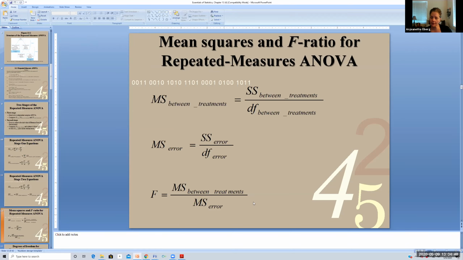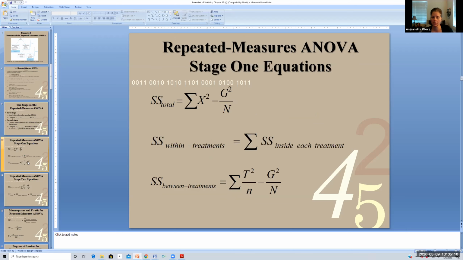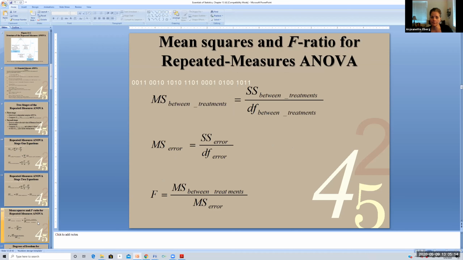Ultimately, your F formula is this. If we work backwards, your F is your mean square between treatments divided by your mean square error. To get mean square error, we take our sum of squared error divided by our degrees of freedom error. In order to get that, we have to calculate our sum of squared errors, which is all part of the previous formulas.